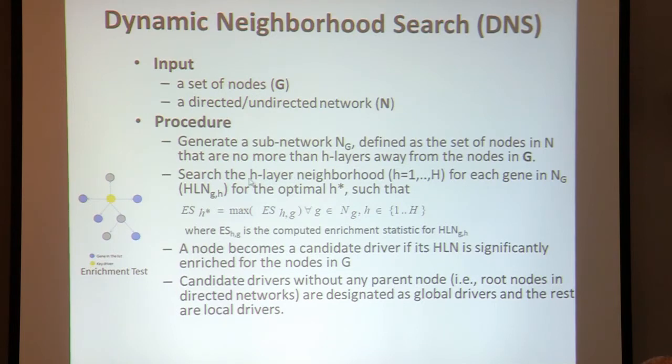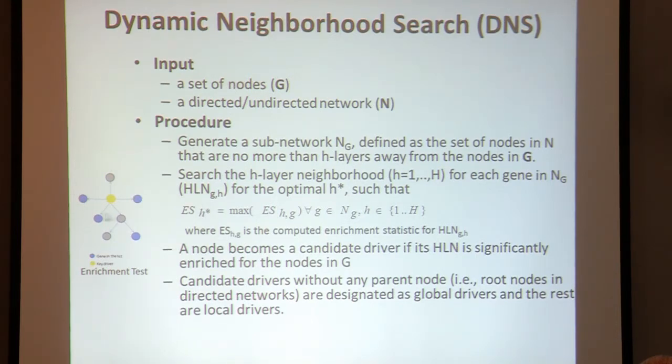So you start with layer 1, and you can check the enrichment. In this case, for this yellow node, you see it has 4 or 5 immediate downstream nodes, and 3 of them are in the input gene list.